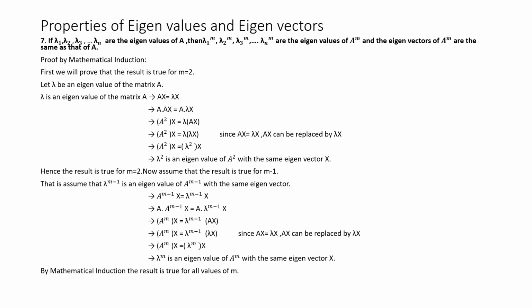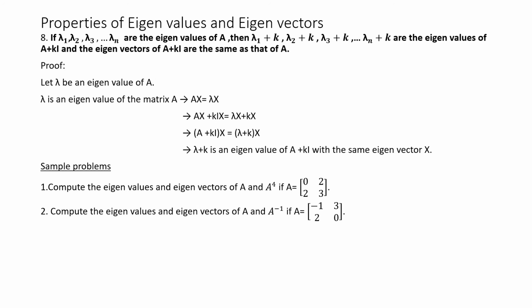Again, since lambda is an eigenvalue of A, we have Ax equals lambda x, and we can replace Ax by lambda x. So we get A raised to m x equals lambda raised to m minus 1 into lambda x, or A raised to m into x equals lambda raised to m into x. That means lambda raised to m is an eigenvalue of A raised to m with the same eigenvector x. Hence, by mathematical induction, the result is true for all values of m.